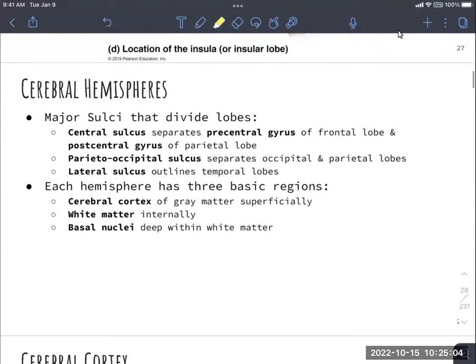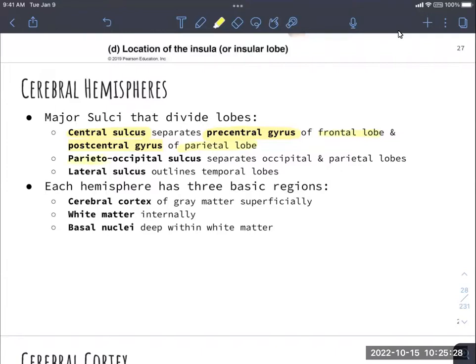So we have a central sulcus. That central sulcus actually separates the precentral gyrus and the postcentral gyrus. So the precentral gyrus is in the frontal lobe. That postcentral gyrus is in the parietal lobe.